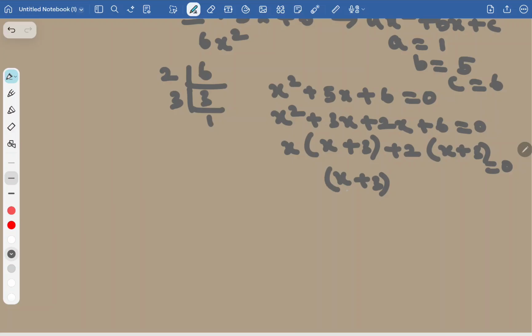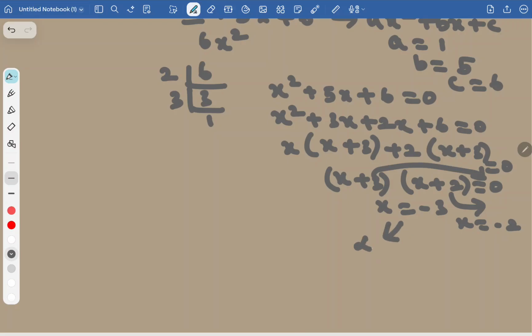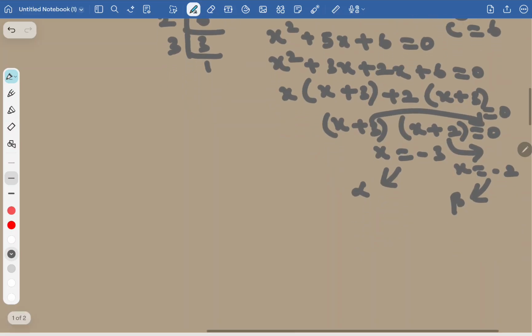Take x plus 3 outside, which is common. x plus 3 into x plus 2 equal to 0. If x plus 3 equal to 0, x equals minus 3; x plus 2 equal to 0, x equals minus 2. One zero alpha is minus 3, another zero beta is minus 2.